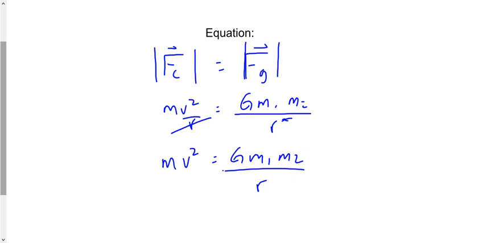Make sense what I just did? What else can we cancel? One of the m's. Now, let's pay close attention here. Let's make this one the mass of the producer and this one the mass of the experiencer, m1 and m2. What mass is this going to be over here? It's going to be the experiencer.